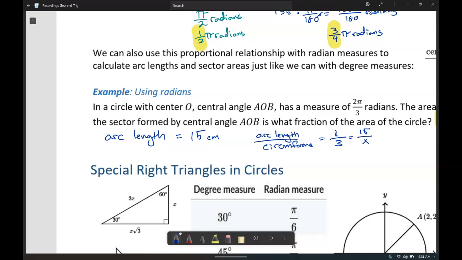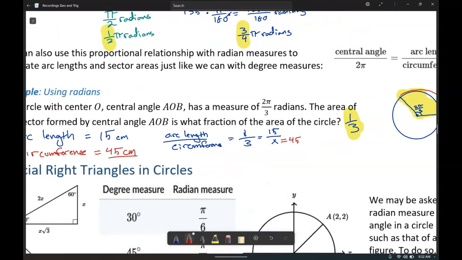We can now find the measure of the circumference based on the arc length and that ratio. Well, a 1-to-3 relationship with 15, using some proportionality, we know that x has to be 45. So the circumference is 45 centimeters.